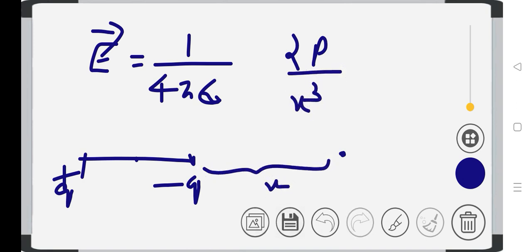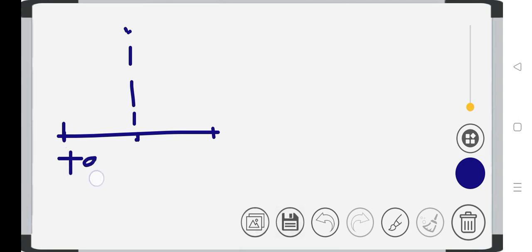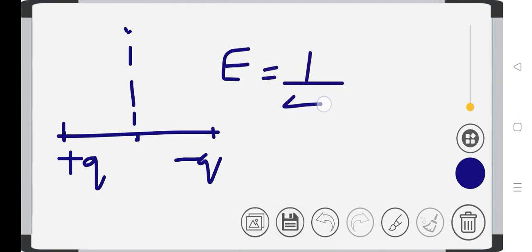And when we are finding the electric field along a direction perpendicular to the dipole, plus q and minus q, there the electric field is equal to 1 by 4 pi epsilon 0 into p by x cube, where p is the dipole moment.